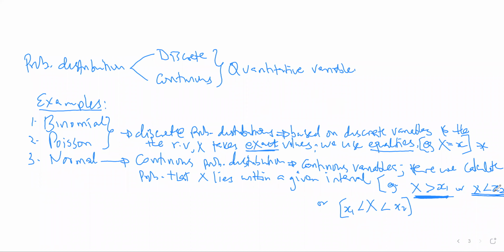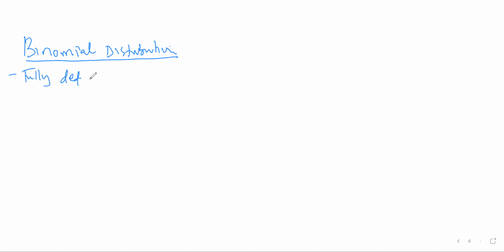So let's look at the binomial distribution. The binomial distribution is fully defined by two things: n, the number of trials, and p, the probability of success.